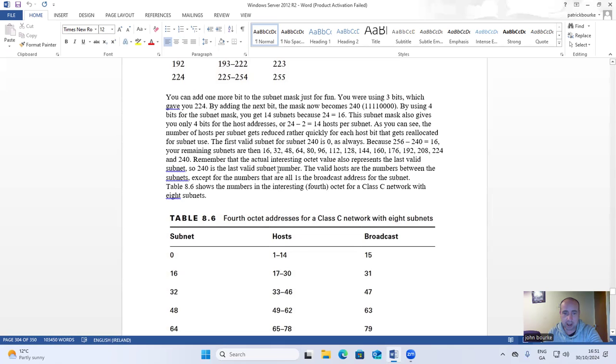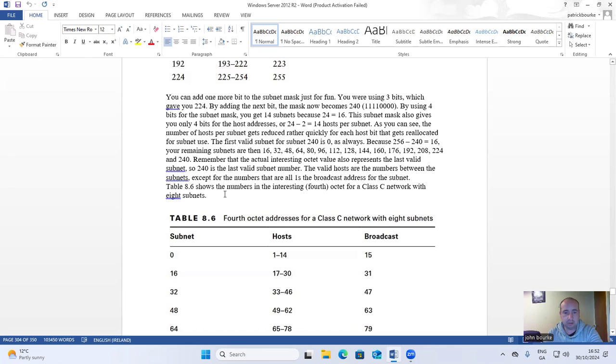Remember that the actual interesting octet value also represents the last valid subnet. So 240 is the last valid subnet number. The valid hosts are the numbers between the subnets, except for the numbers that are all ones, the broadcast address for the subnet.